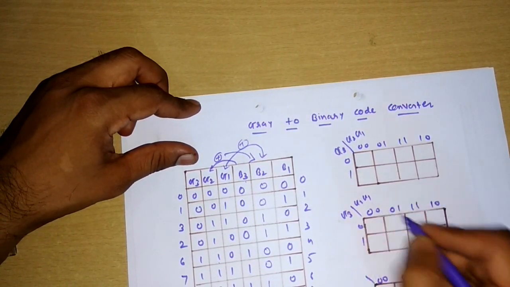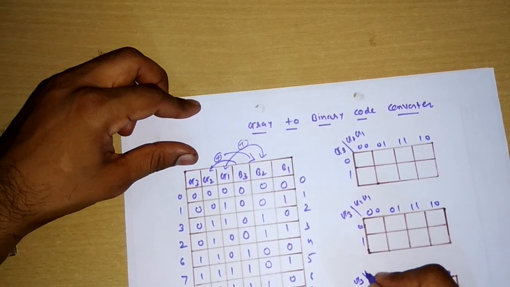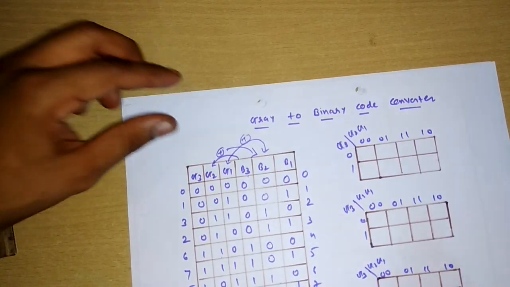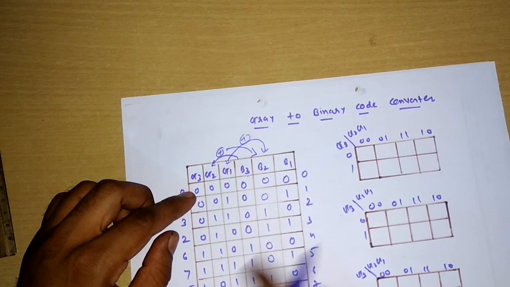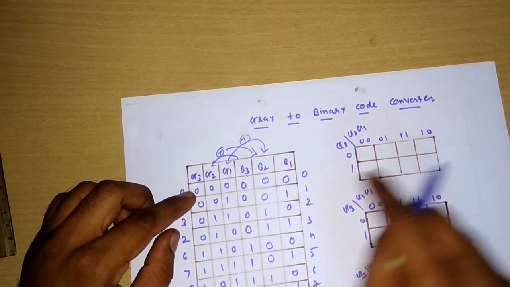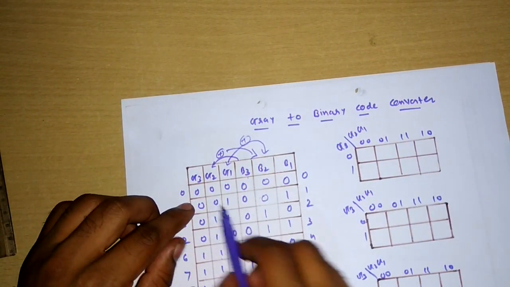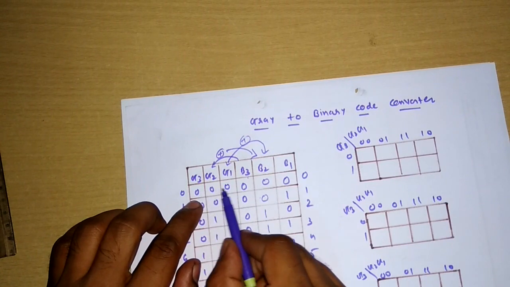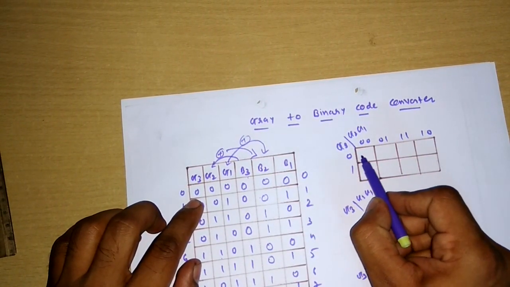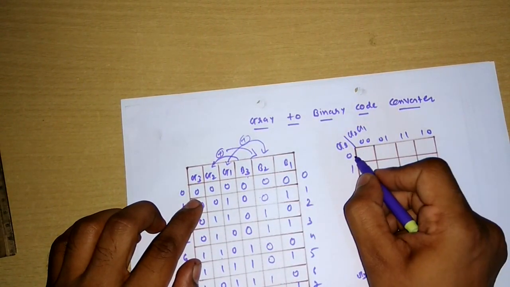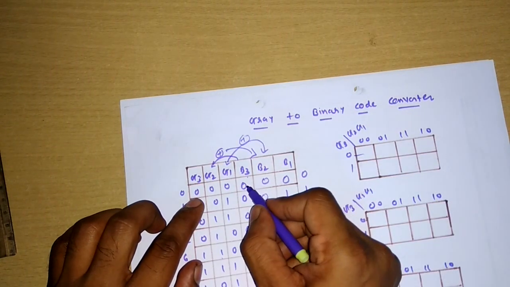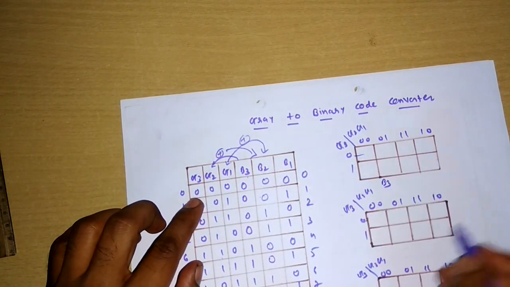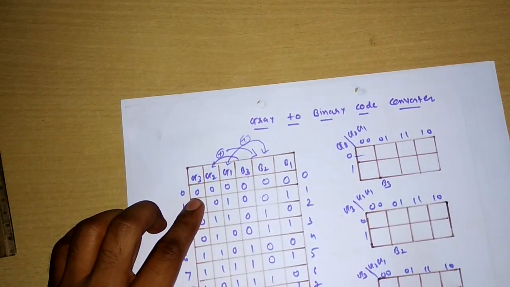Because this is the gray code and we know that the K-map follows the sequence of gray code, we have to check the 0 0 0 combination. What is our output? This is for B3, this is for B2, and this is for B1.